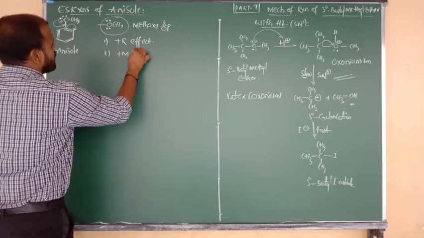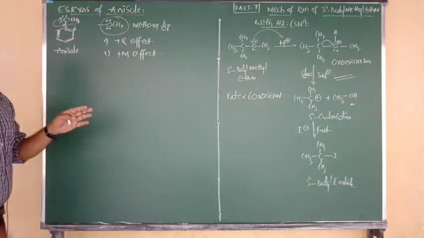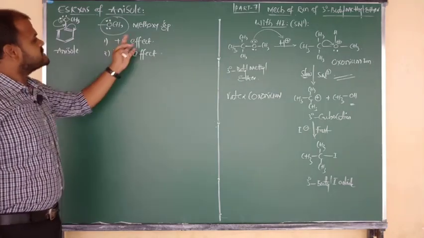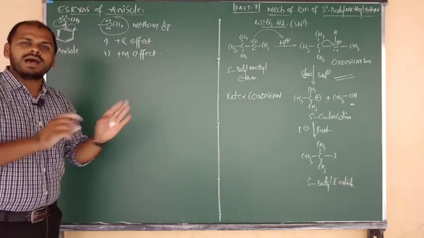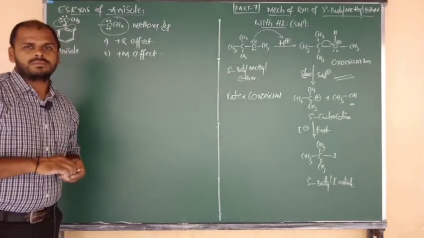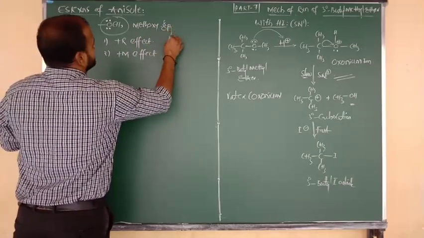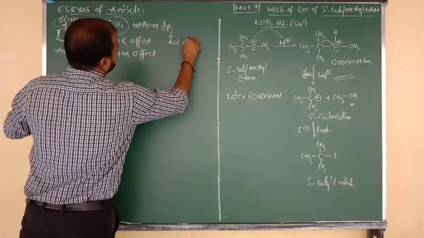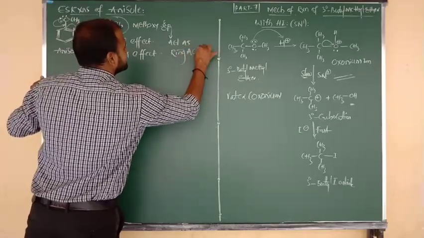So it shows positive mesomeric effect. Due to the positive resonance effect, like this delocalization, and the positive mesomeric effect, we have to say that the methoxy group acts as a ring activating group.